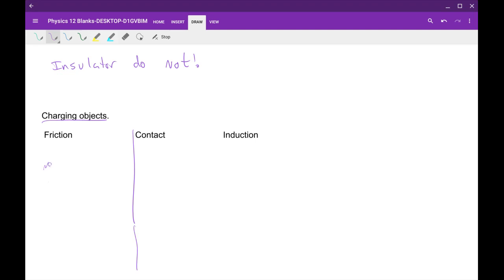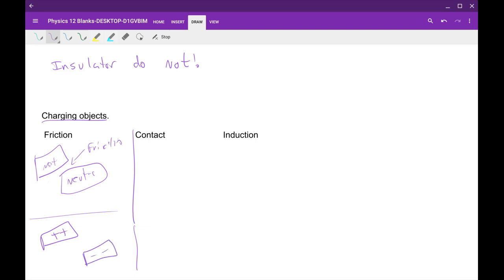So you've got two neutral objects, you get some friction going on, and then later on, you've got some positively charged object and some negatively charged object.